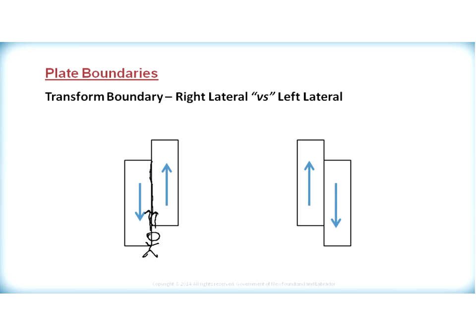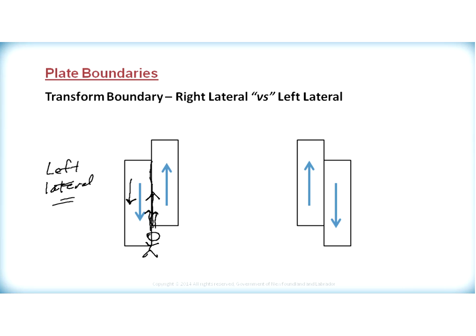So in this situation here, when we look up along the fault line in this direction, the left plate moves towards you. So this transform fault is referred to as a left lateral. A left lateral transform fault.